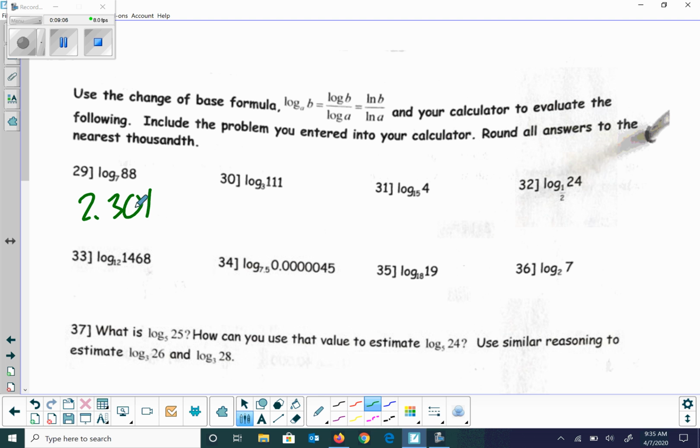And then this one, same thing. So 3, and then 111. So that gives me 4.287.